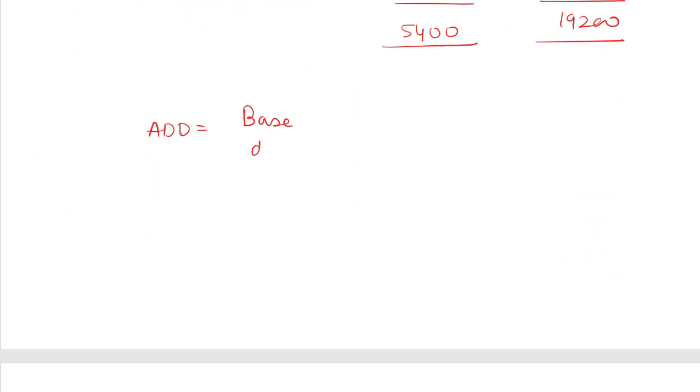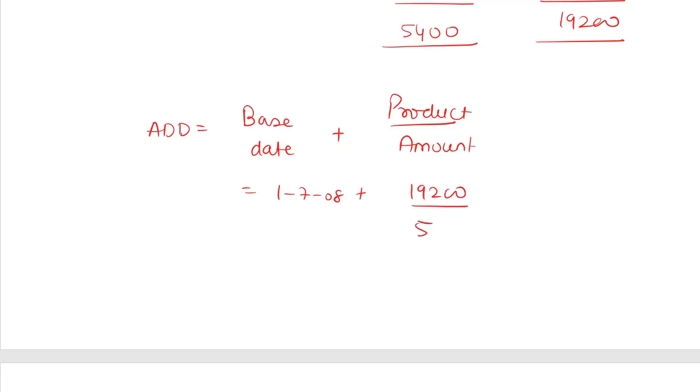Average due date equals base date plus product divided by amount. Base date is 1st July 2008. Product 19,200, amount 5,400.